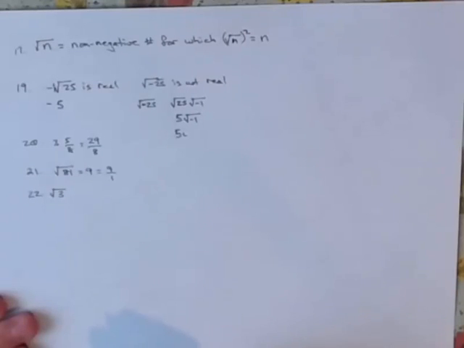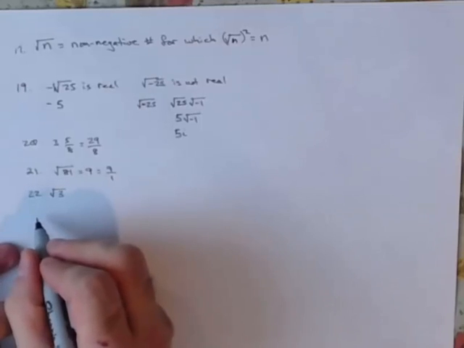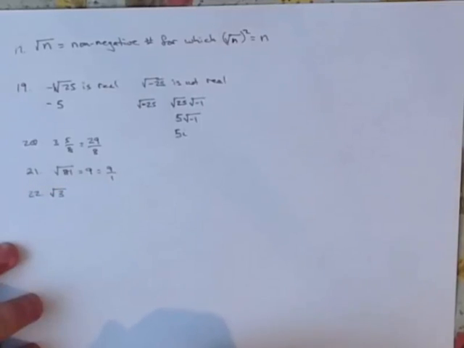Is it closed? Well, what it's asking here is if I have a negative number and I add to it another negative number, because the negative numbers are the ones I have to work with. That's my set, negative numbers. If I have a negative number and I add a negative number, will the sum be a negative number?